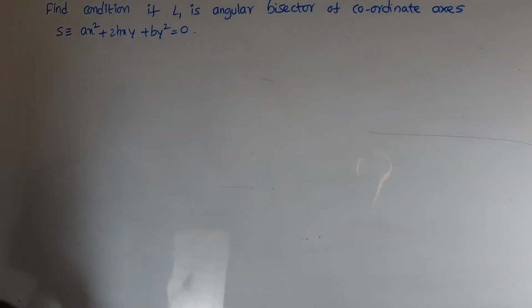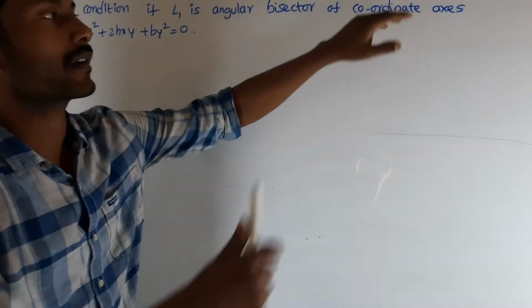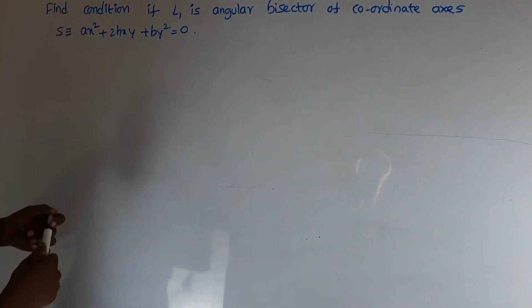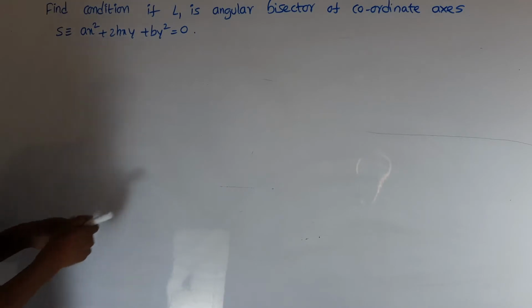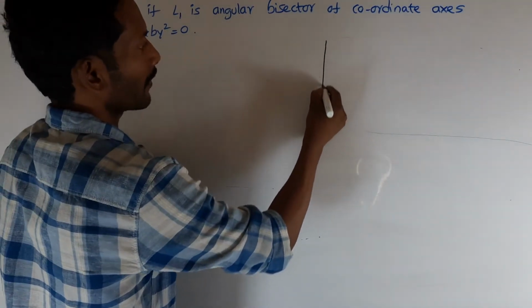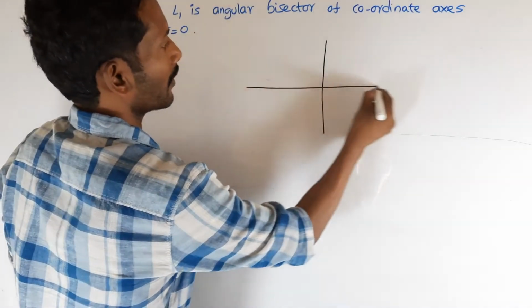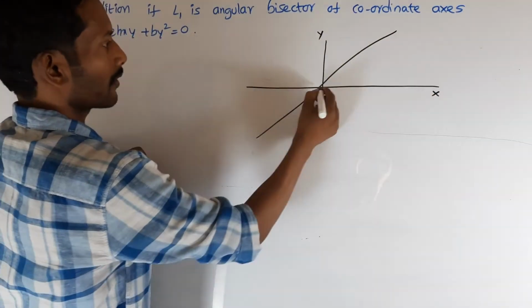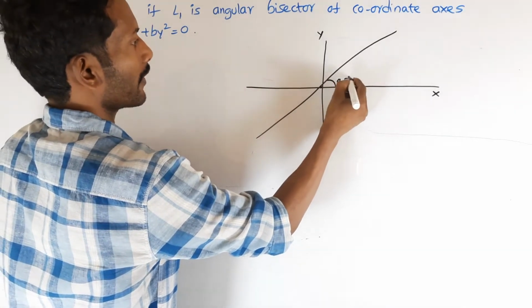Find the condition if L1 and L1 dash are the angular bisectors of the coordinate axes. Taking the x axis and y axis, the bisectors make 45 degrees.